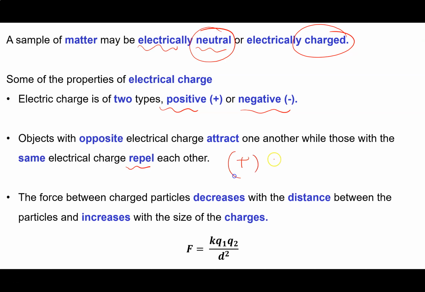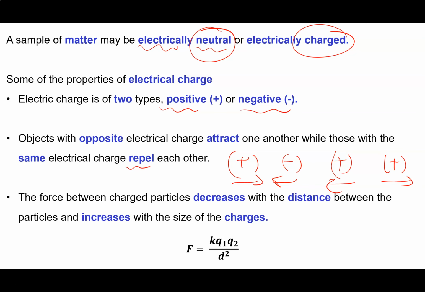So things that have the opposite electrical charge will come together and become stuck to one another, and things that have the same electrical charge will move away from one another. Okay, so how strongly do these particles interact with one another if they have the property of being electrically charged?